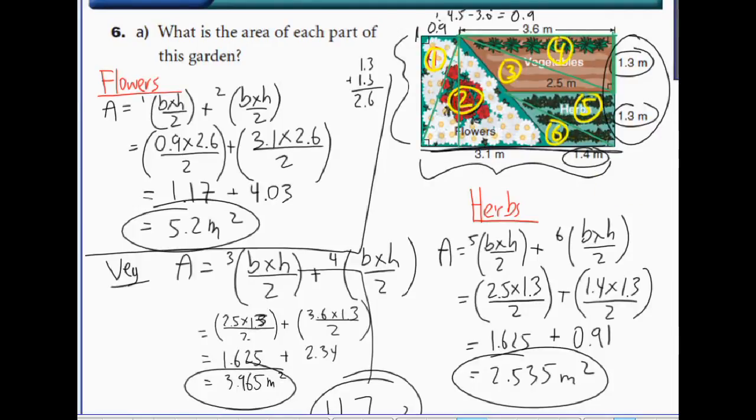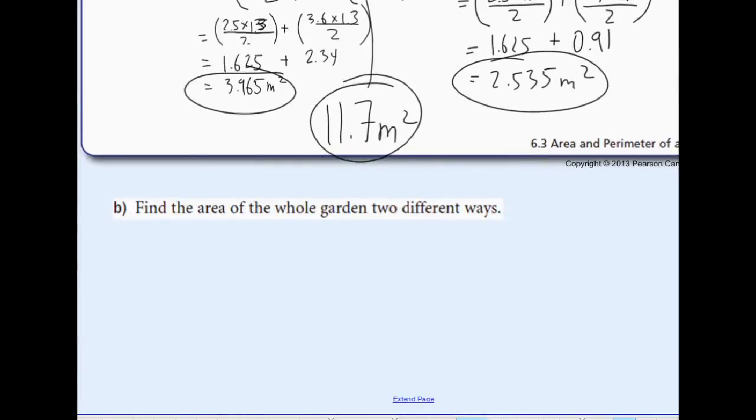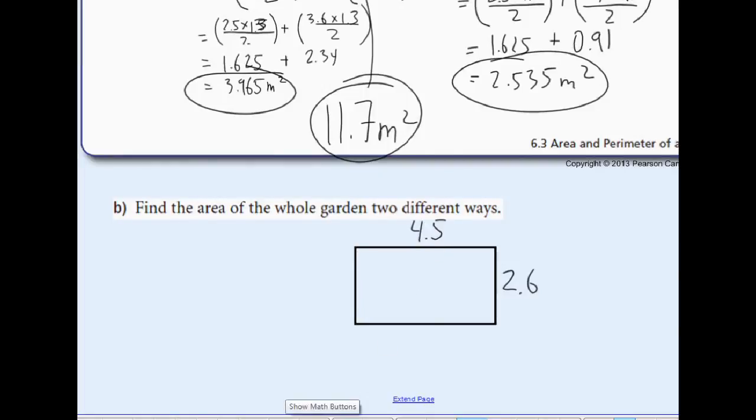So we have our rectangle, with 2.6 here and 4.5. So area equals length times width equals 4.5 times 2.6 equals 11.7 meters squared. Much easier to do it this way.